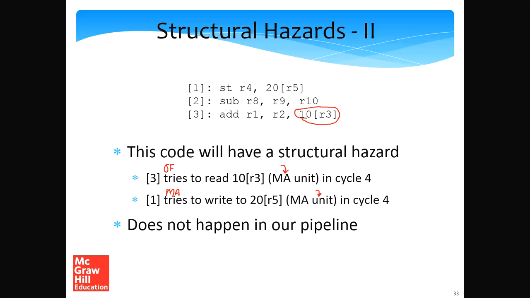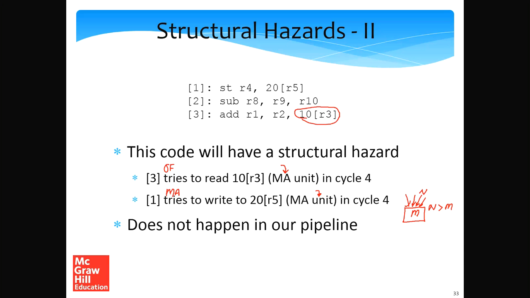So a structural hazard is basically a situation in which two instructions try to access the same resource. Defined in a more generic way, if a resource can satisfy m simultaneous requests, but there are n requests coming into it, where n is greater than m, then we'll have a structural hazard because we simply do not have enough resources to satisfy all the requests.